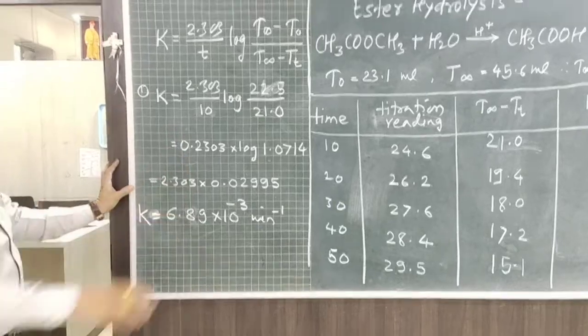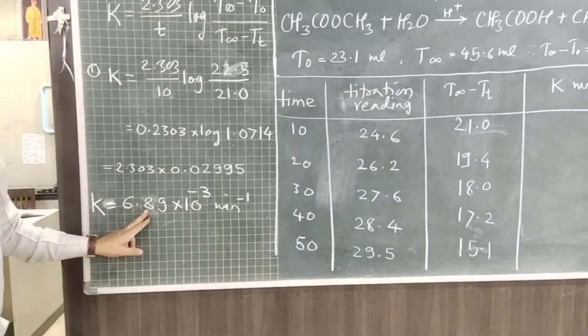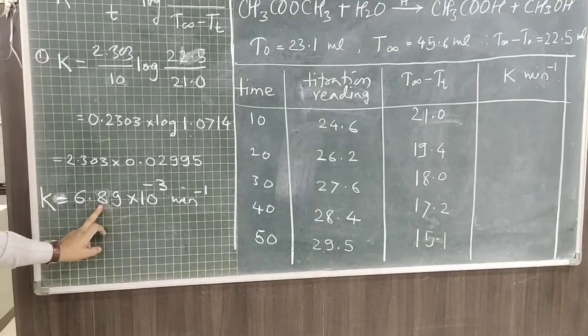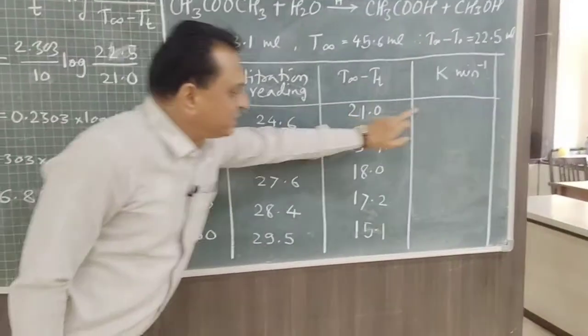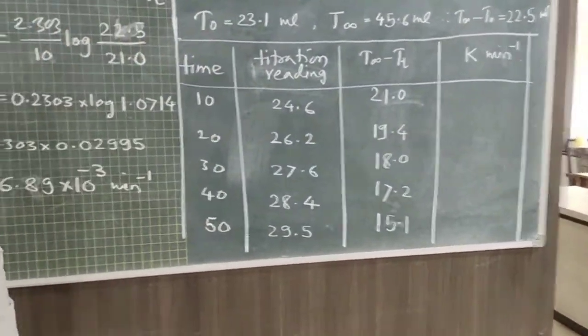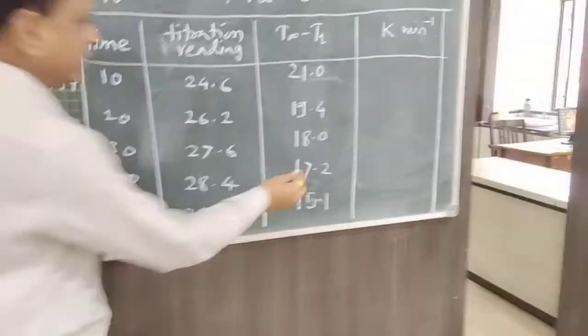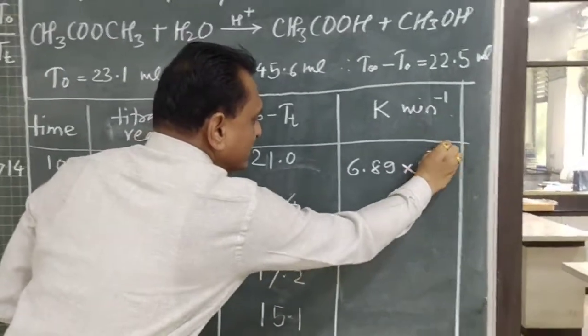So in this way we have to calculate these 5 K values. This value is taken from this observation, and we have to put it in that observation and write it as 6.89 into 10 raised to minus 3.